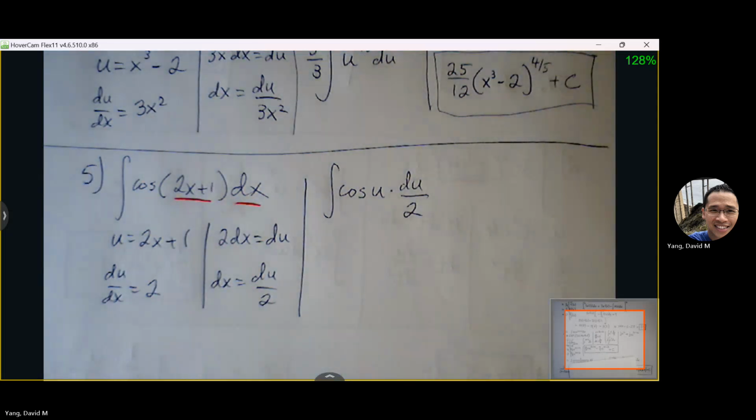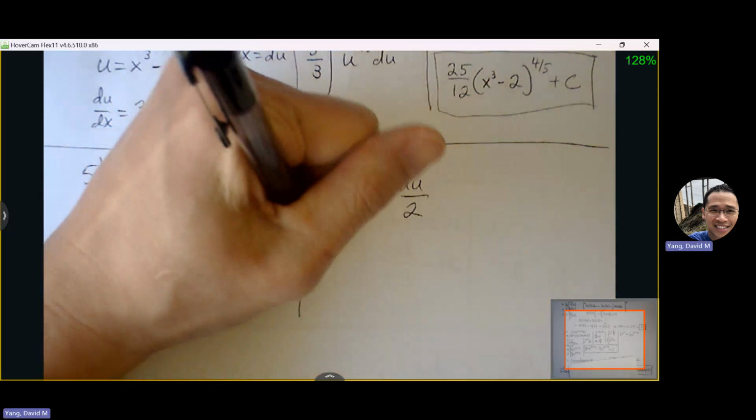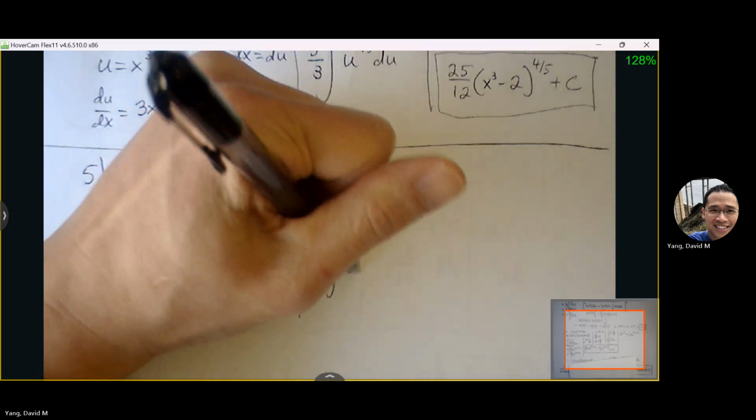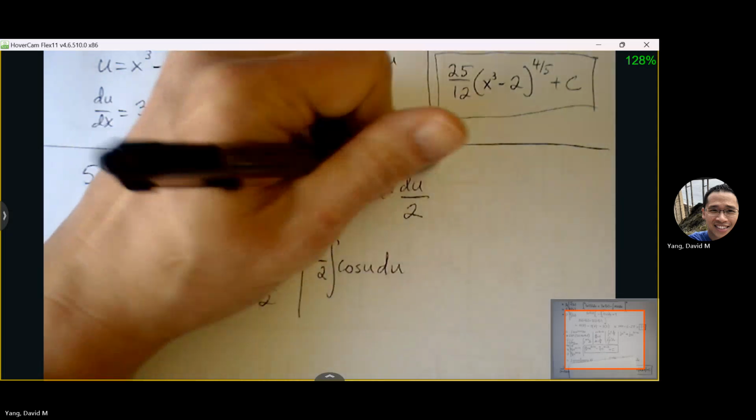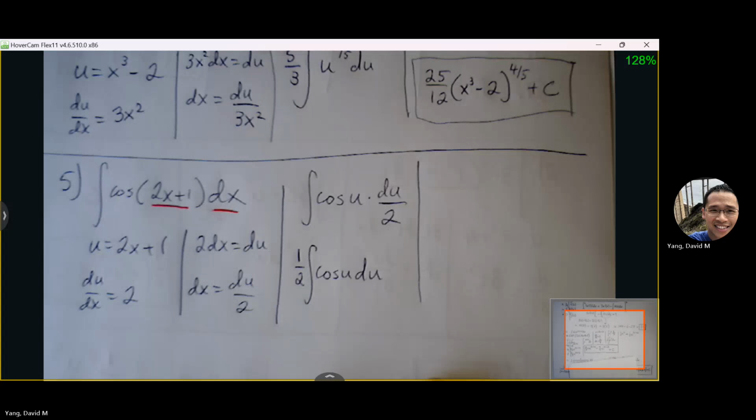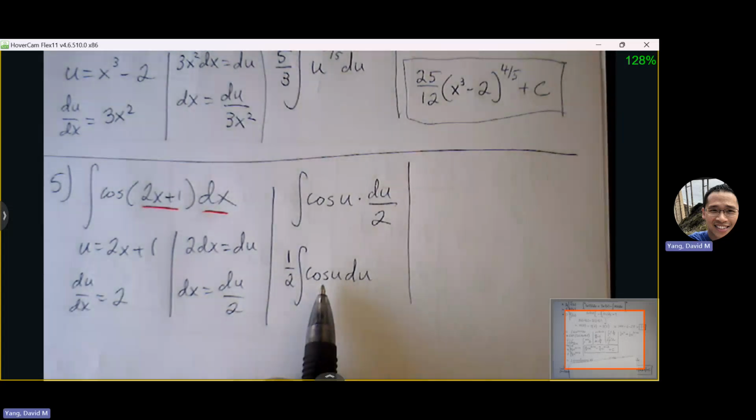Pull the 1/2 in front. Now, we do have a rule for cosine, right?